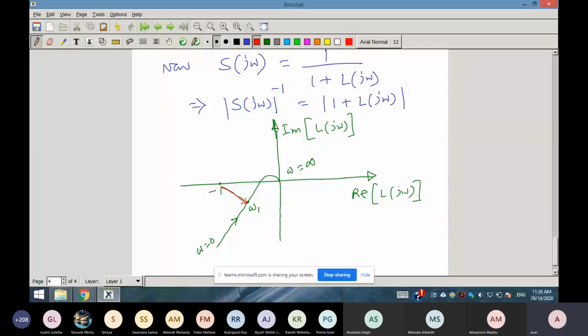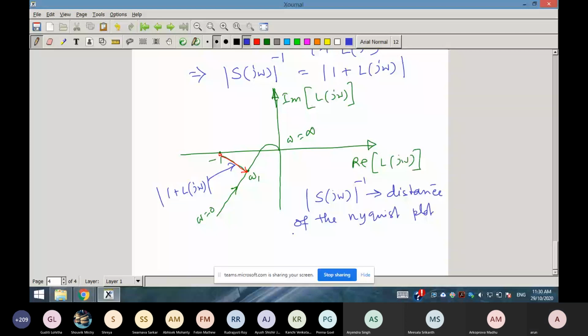That means S j omega inverse is the distance of the Nyquist plot from the -1 plus j0 point at frequency omega.